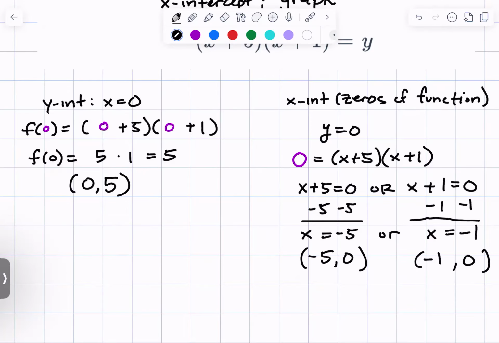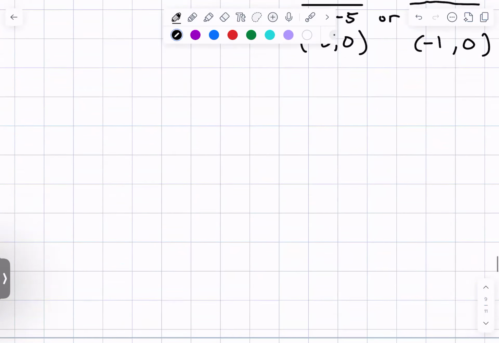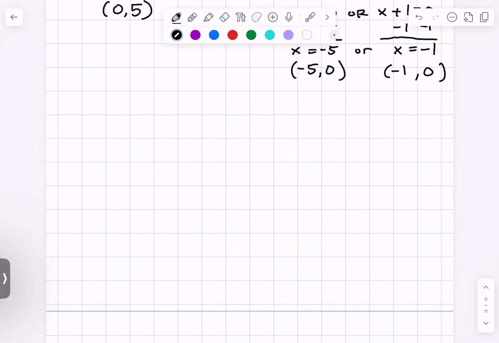Okay? So if I go ahead and graph these 3 points, I can figure out my vertex. Okay? I'm pretty sure I can figure out my vertex somehow.